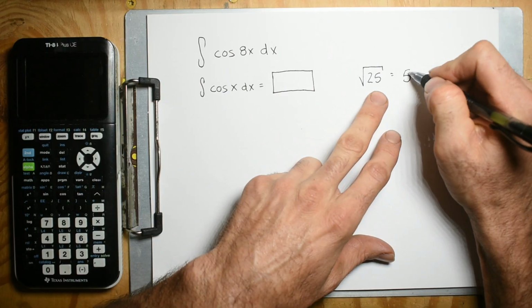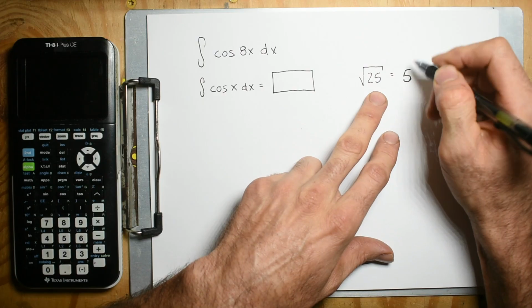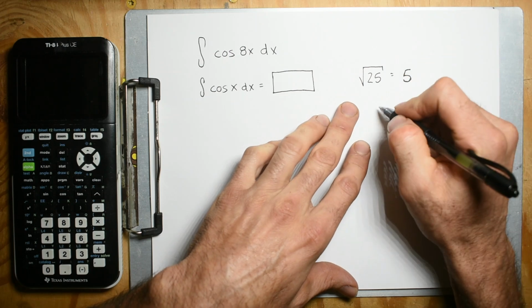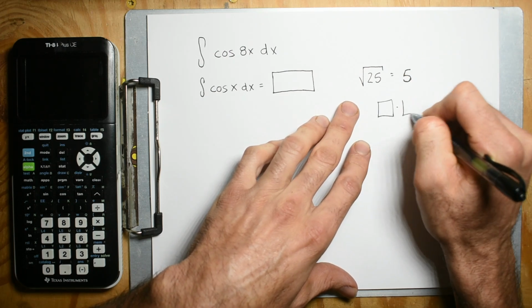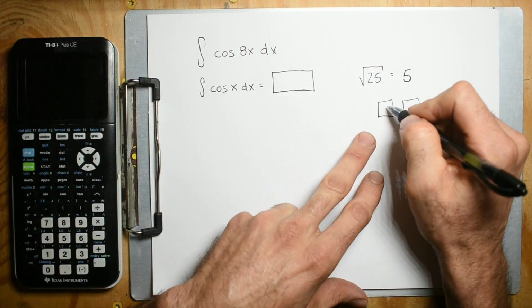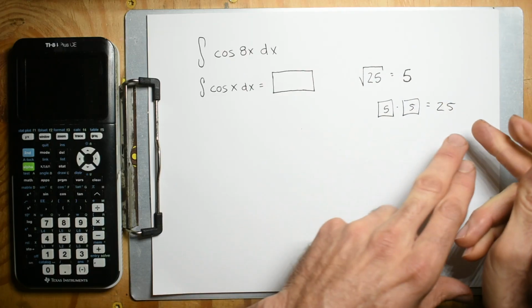We know it's 5. And there are a lot of things in math where you ask how do you do this? Well, this is saying that something times something is 25, and it just happens that 5 times 5 satisfies this.